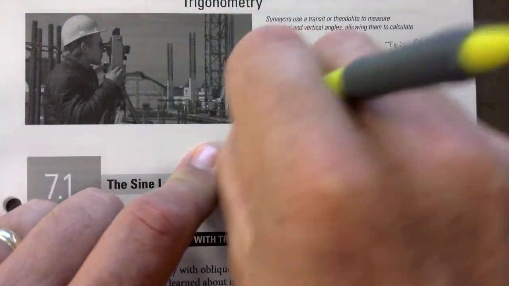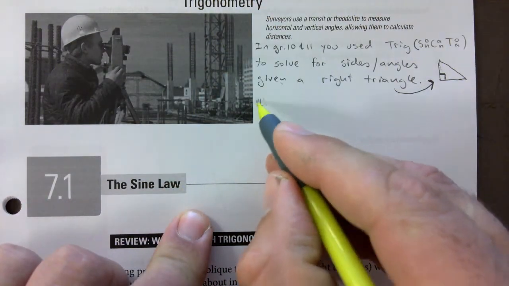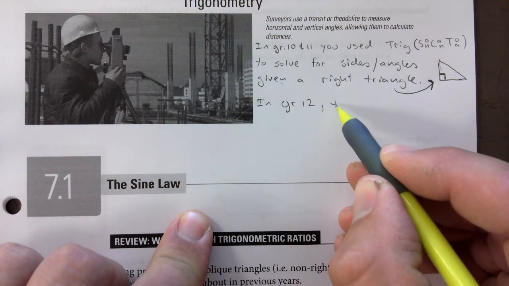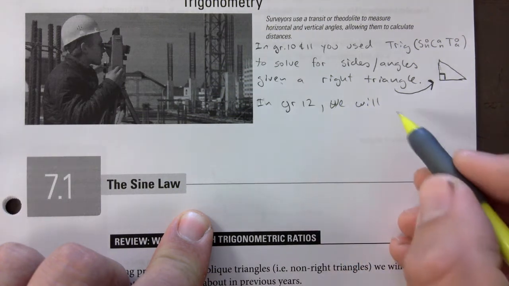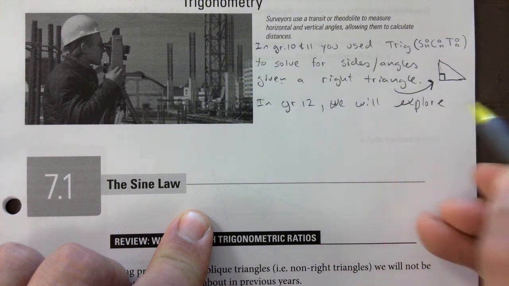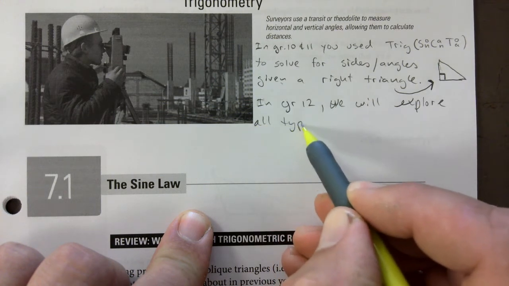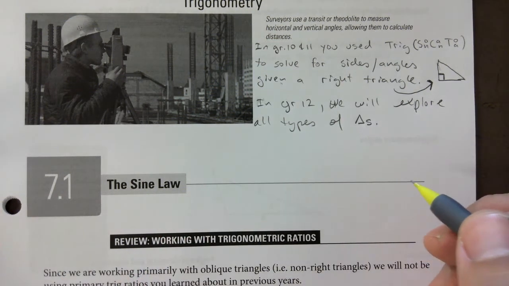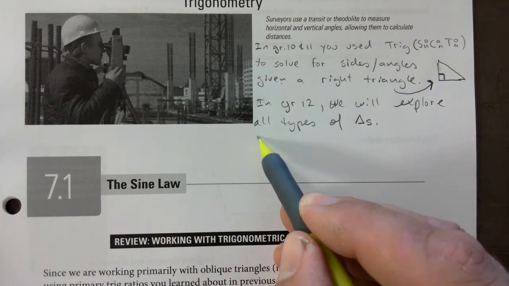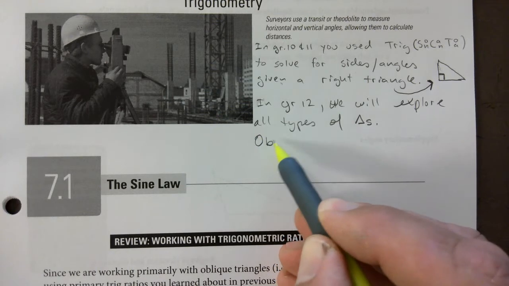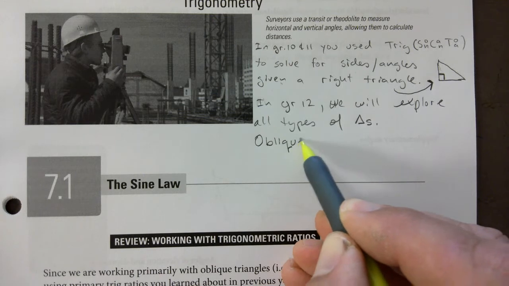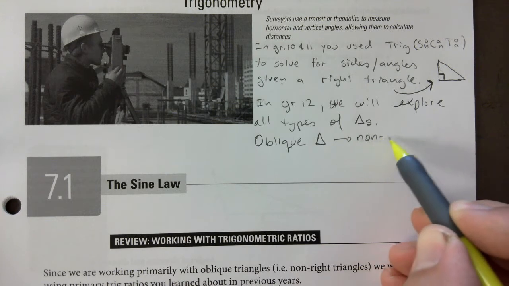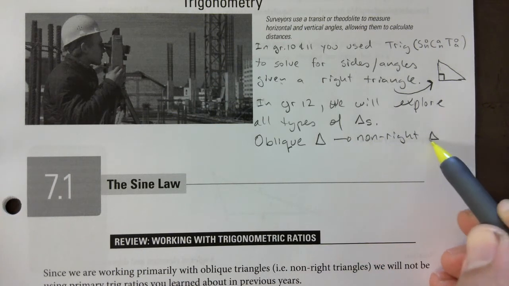In grade 12, we will explore all types of triangles, right? So an oblique triangle just means a non-right triangle.